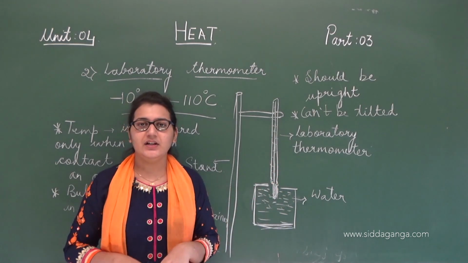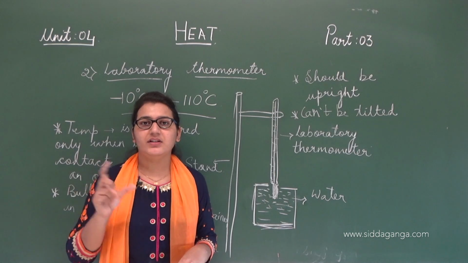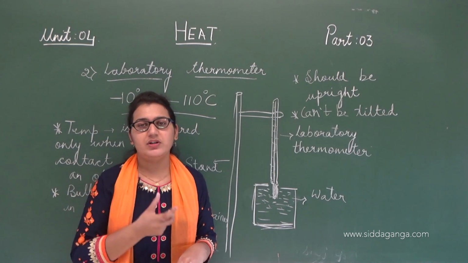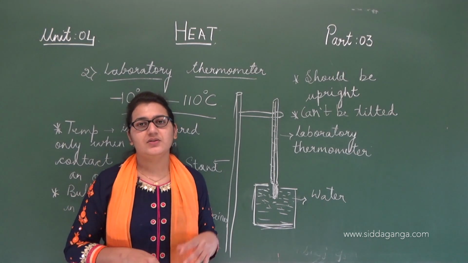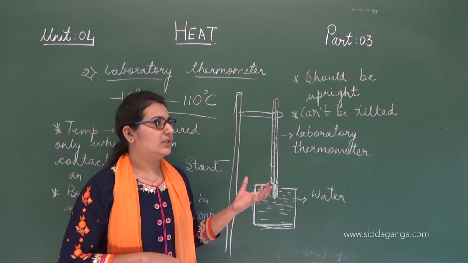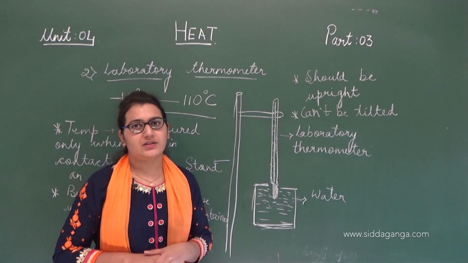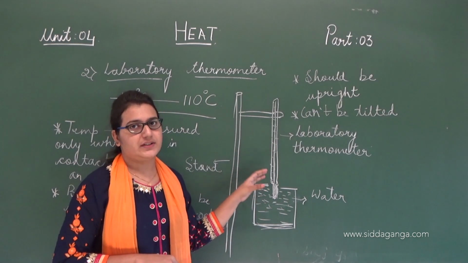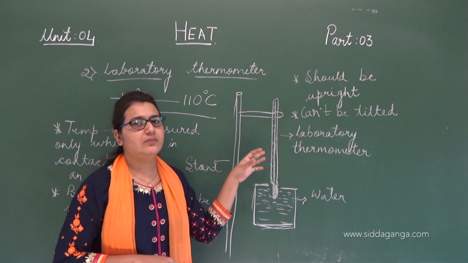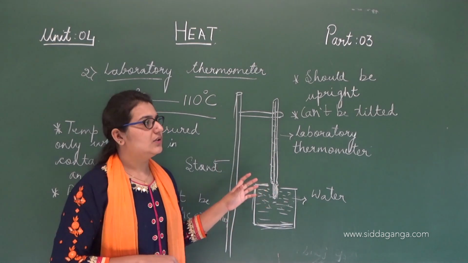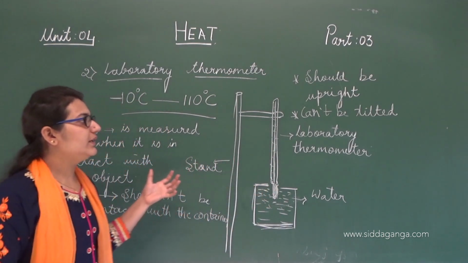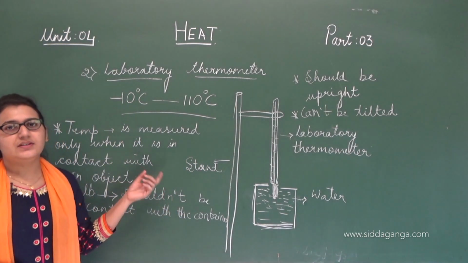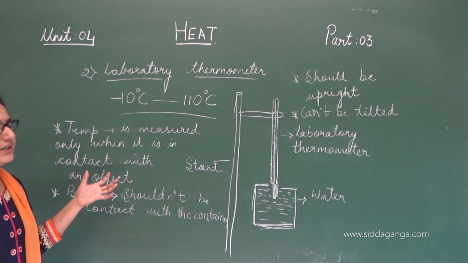If it is tilted, the mercury level changes and won't remain the same, so it's hard to detect the temperature of any object. That is the reason it should be kept straight or fixed and not moved or tilted. So these are the main features of this laboratory thermometer.